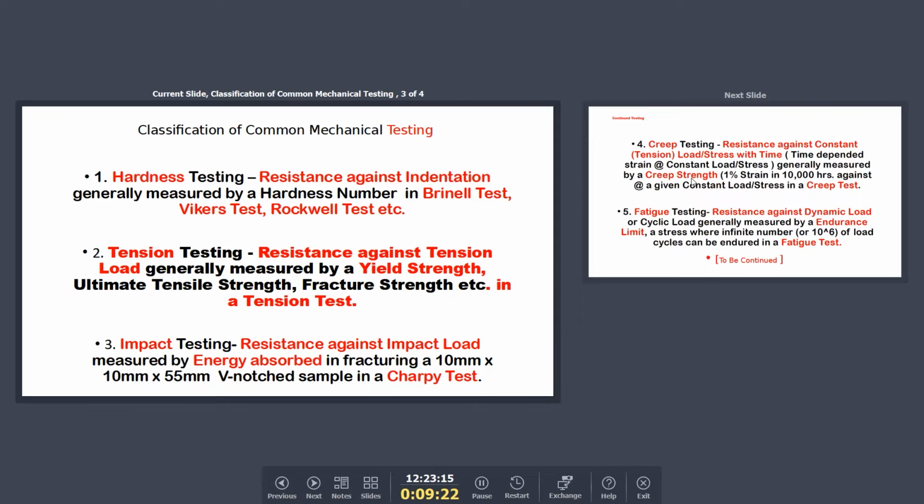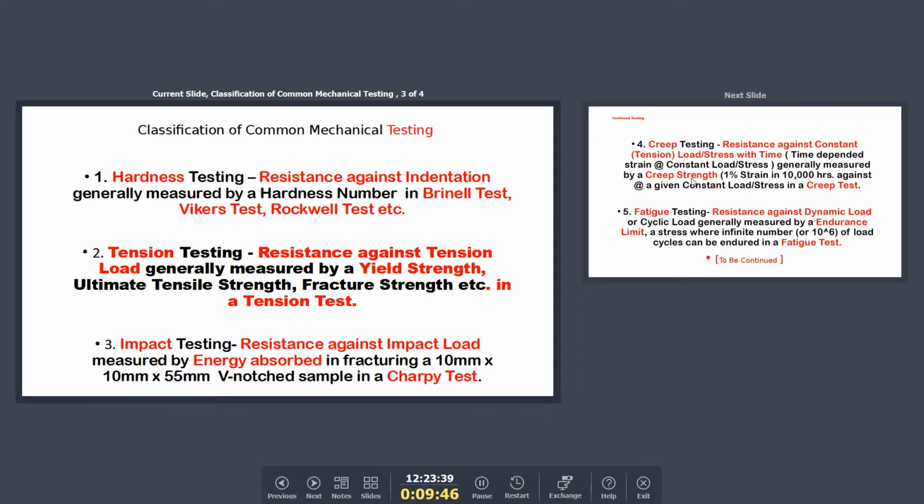And we will see again that steel is very good in resistance against tensile load. Stone is not that much, brick is not that much, even plastics is not that much. So this will come when we come to the chapter.